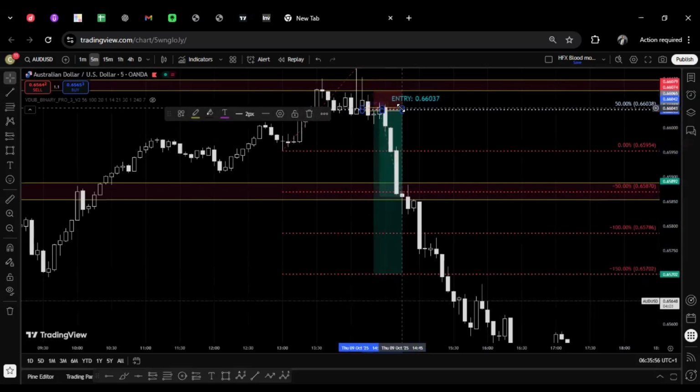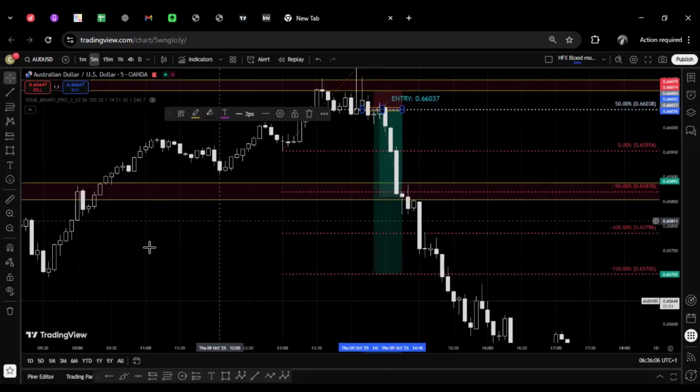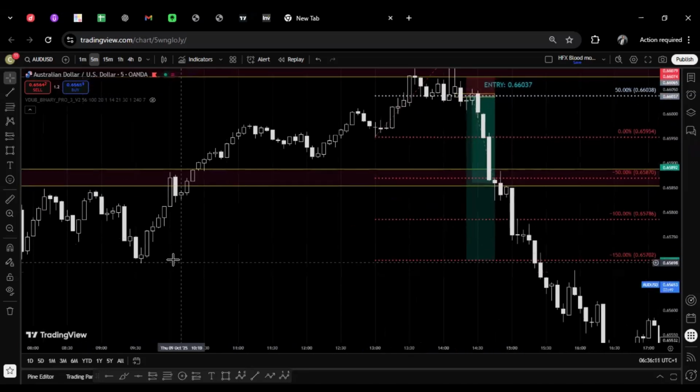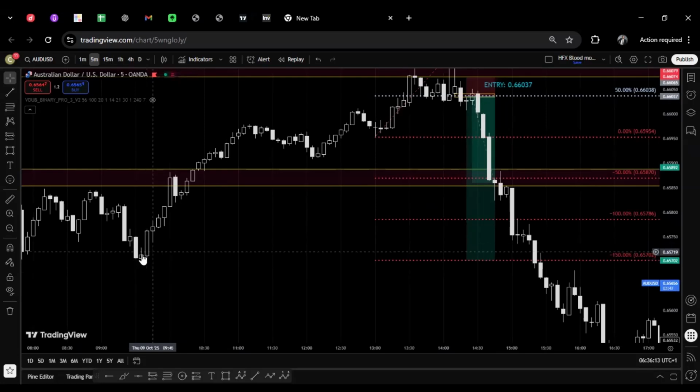So you can see, this is just to tell you that you can always marry your strategy with a Fibonacci extension, right? And this 150 point is actually the low of this particular zone.